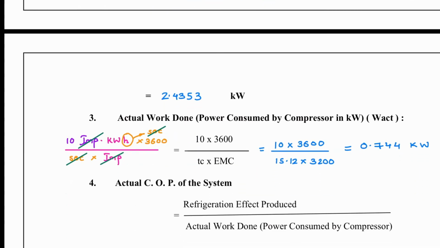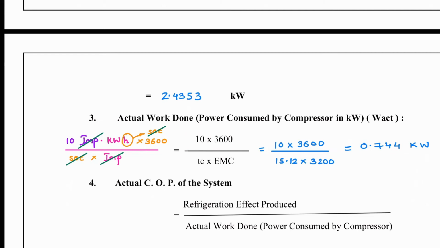So W actual will be 10 pulses multiplied by 3600 divided by the time taken, which is 15.12, into EMC. The energy meter constant we have seen is 3200 impulse per kilowatt hour. So from here we can calculate the actual power consumed by the compressor, which comes out to be 0.744 kilowatt.